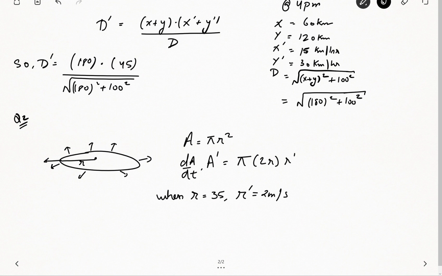What that gives us is that A prime is literally just going to be pi times 2 times 35 times 2, and that's it. That's what you submit over there.